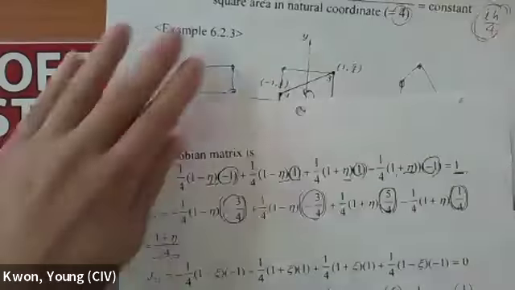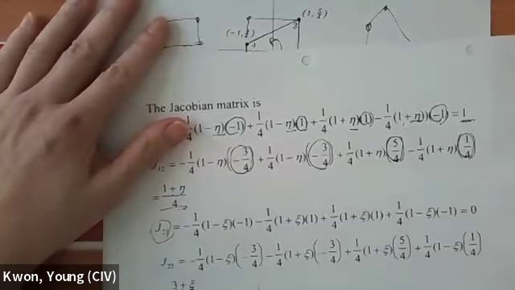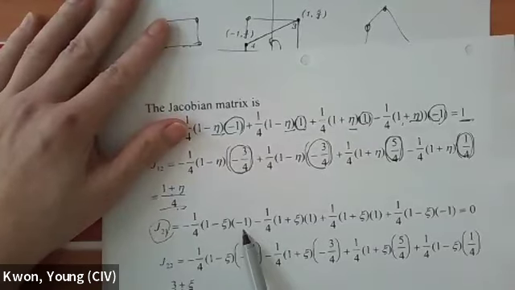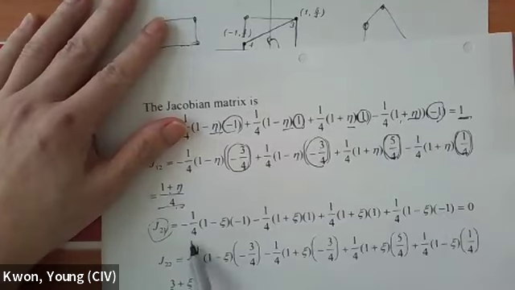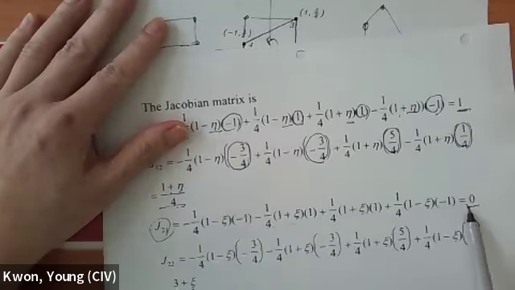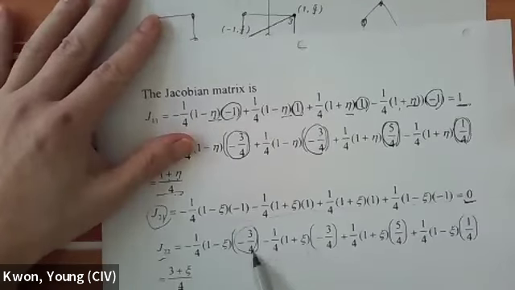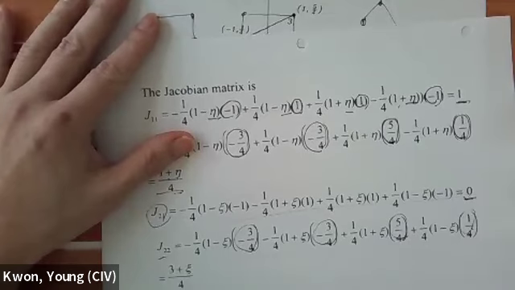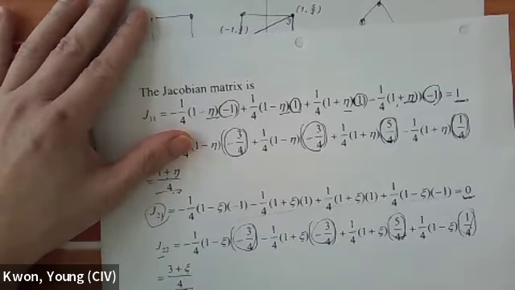Likewise, J21: again with X1, X2, X3, X4, J21 happens to be 0. But J22, with Y1, Y2, Y3, Y4, is not constant and not 0, but a function of 3 plus eta over 4.